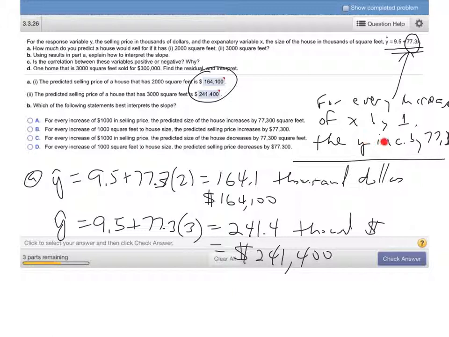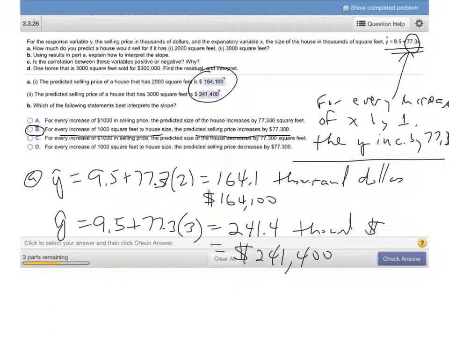The y increases by 77.3, but remember the y is measured in thousands of dollars. So we should be seeing that the house price should be increasing by $77.3 thousand, or $77,300. And so that is this guy. Increasing the x leads to an increase in the y by the slope.